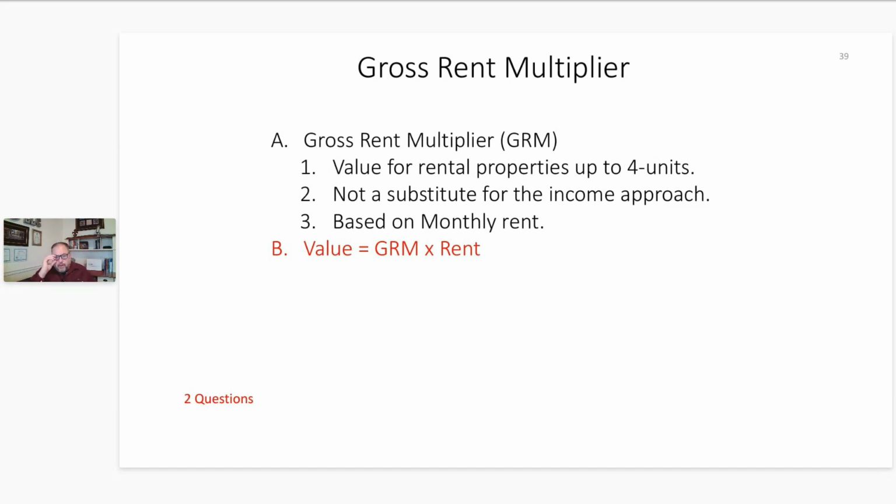This is what appraisers are going to use, called the gross rent multiplier. So they create value up to 4 units. It's not a substitution for the income approach. You need to know the income approach as well. That's 5 or more. Now, the gross rent multiplier is based on monthly rent.